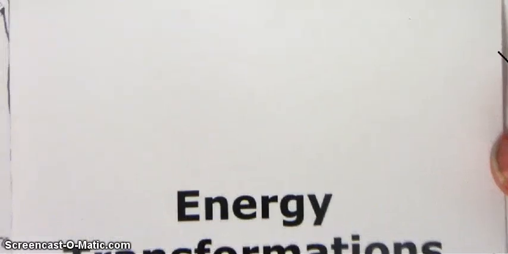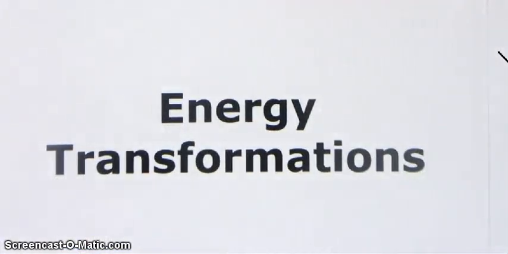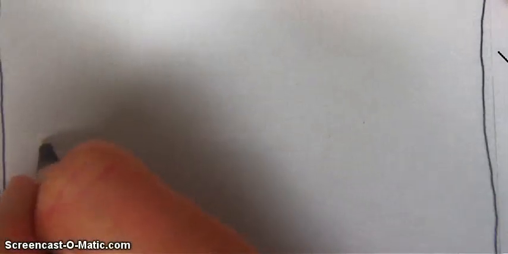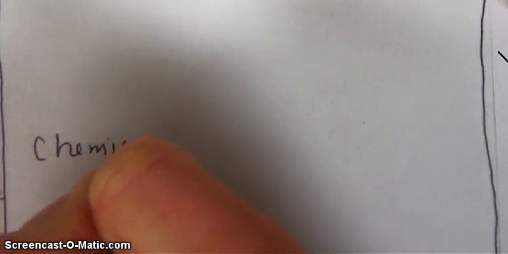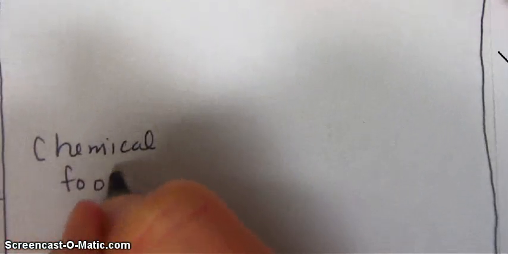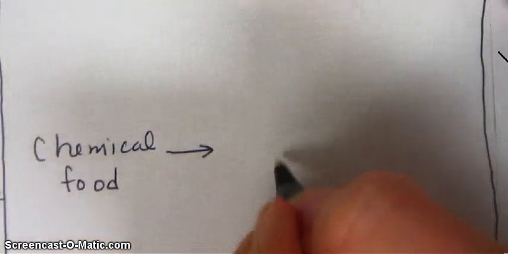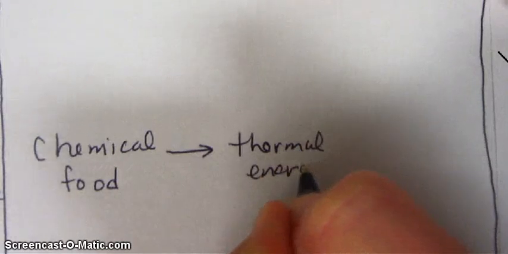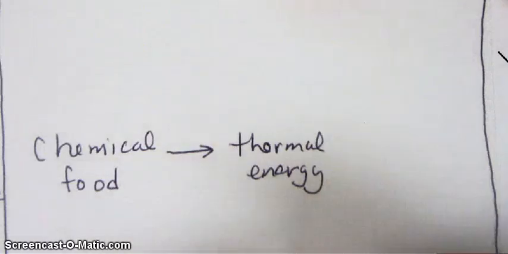Okay, moving over. Energy transformations. Make sure you are underneath the middle for energy transformations. I'm going to flip up. Where we're writing between line to line for energy transformations, we're going to go from a chemical change in our food, and we're going to turn that into thermal energy and mechanical energy.